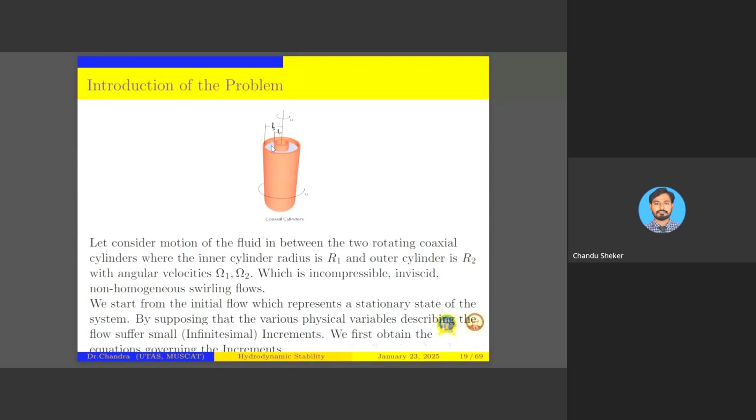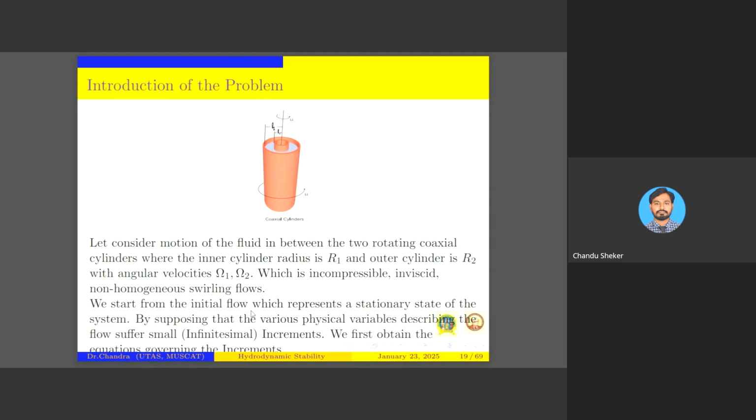This fluid is an incompressible, inviscid, hydromagnetic, non-homogeneous swirling flow between two concentric coaxial cylinders, with inner cylinder radius r1 and outer cylinder radius r2, and angular velocities omega1 and omega2. We are modeling the motion of this fluid.